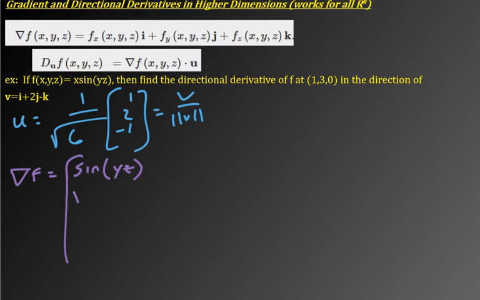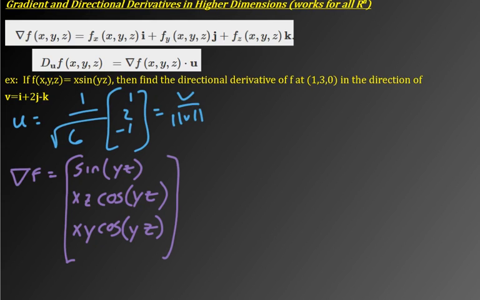So we're going to get x z sine, cosine yz for f with respect to y. And then lastly, we would get x y cosine yz for f with respect to z.